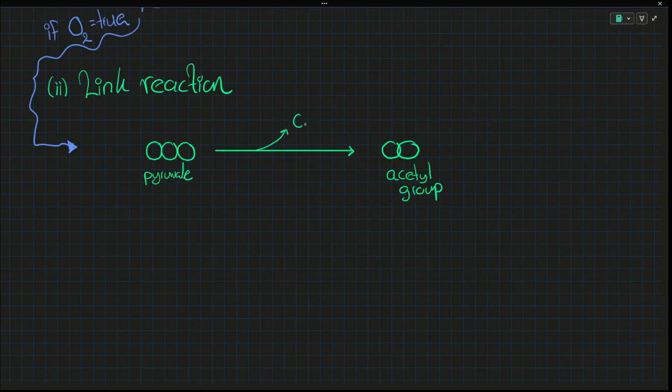What should have happened? A CO2 has to have gone. What did I tell you that this process was called? Now we'll write it down. This is actually known as decarboxylation.